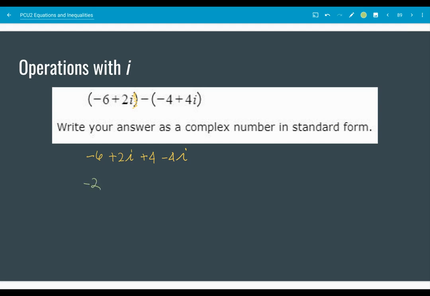You end up with -2, combining those two. And then when we combine these two, we get -2i. And that's a complex number in standard form: the real part first, followed by the imaginary part.